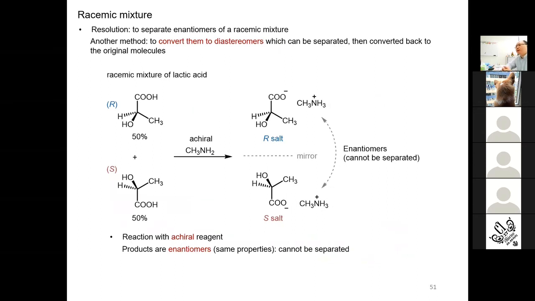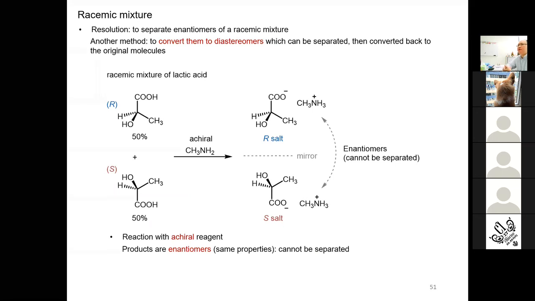So now we go back to the concept of chiral-chiral interaction and chiral-achiral interaction, okay? What we do to resolve or separate the enantiomers is convert them to diastereomers. The essence of this concept is that enantiomers usually have the same physical properties, right? That makes them very hard to isolate or separate.